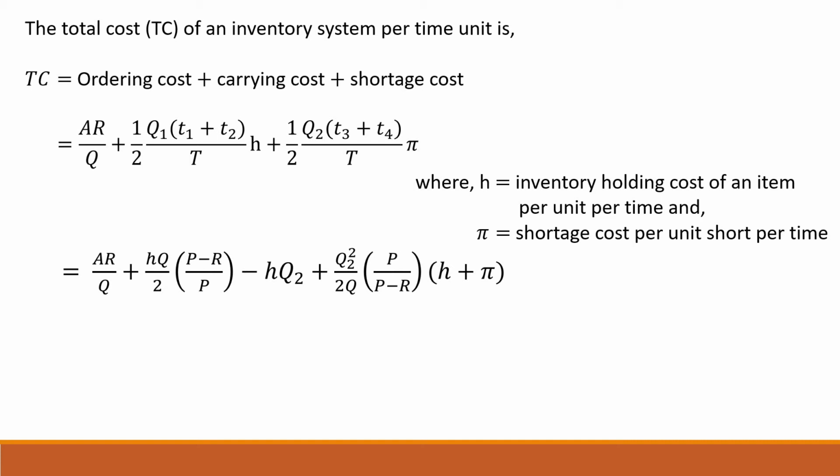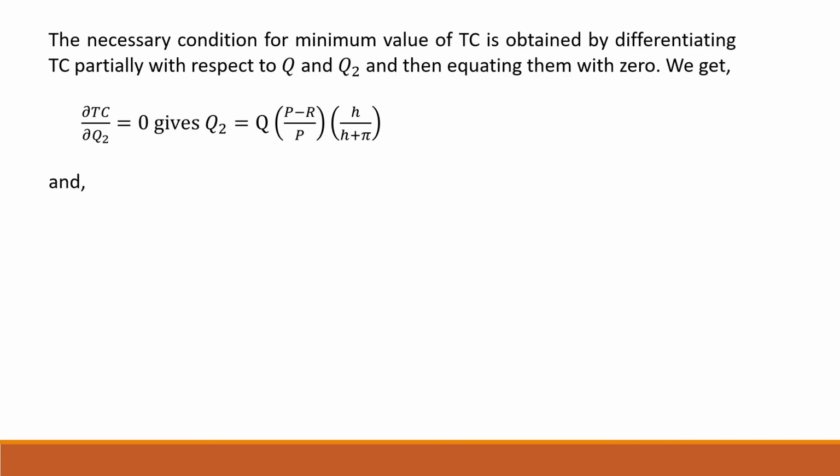So total cost now is function of two decision variables, Q and Q2. Necessary condition for minimum value of TC is obtained by differentiating TC partially with respect to Q and Q2 and then equating it with 0.